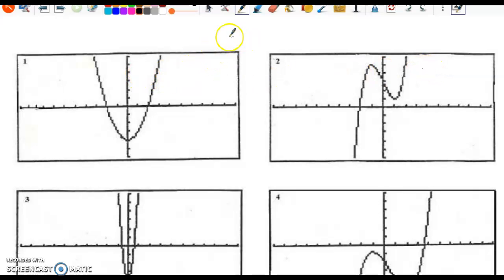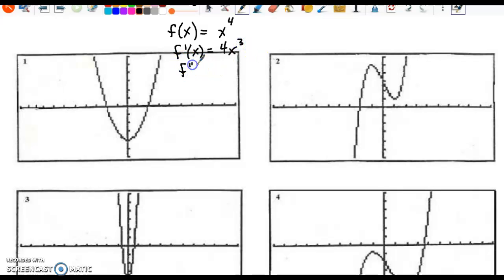A good thing for people to recognize is typically we don't get higher than a quartic function. The higher the degree, the more likely it is to be just the original function. The reason why I say that is if I ask you for the derivative, it's going to become a cubic function.